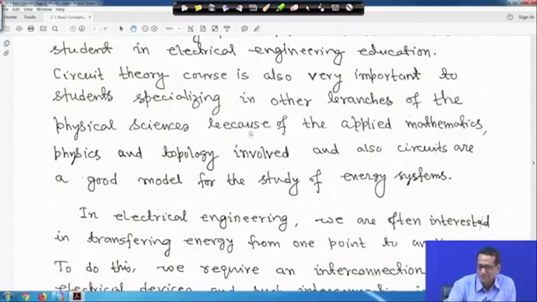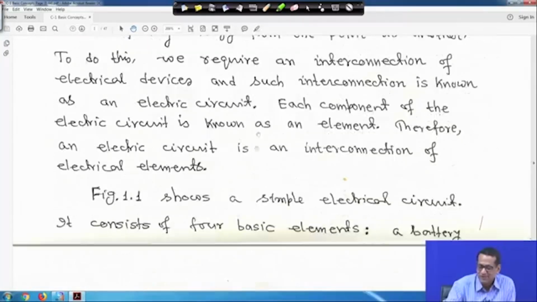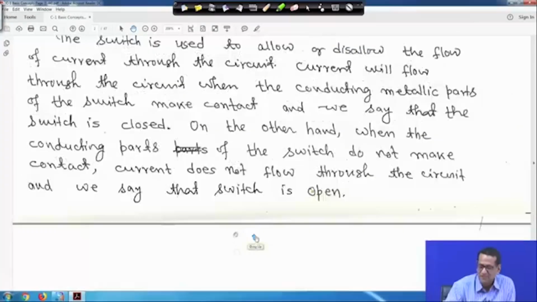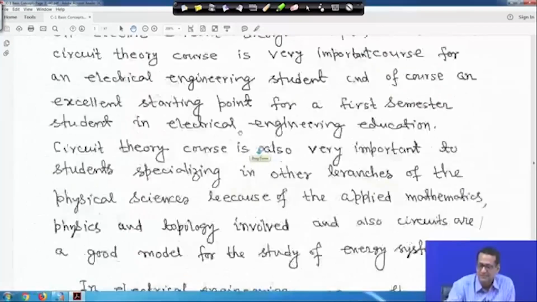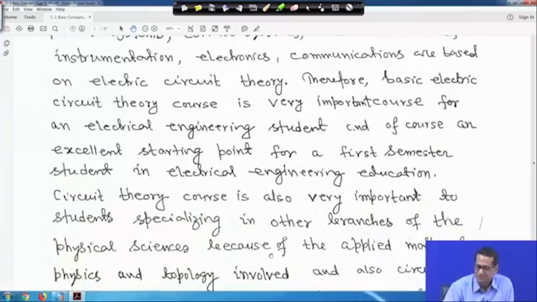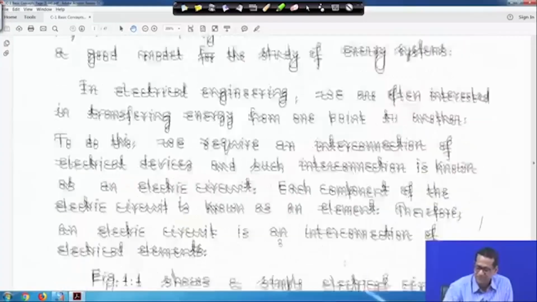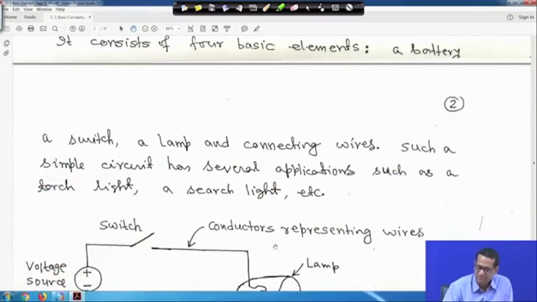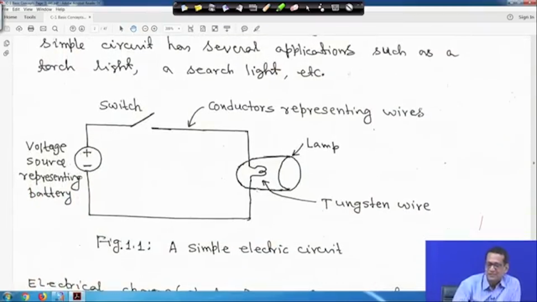Let me go to this circuit. Just hold on. Electrons flow through this copper, and when they come to the tungsten, they collide with its atoms, and therefore cause heat. That means we can say that tungsten has an electrical resistance.